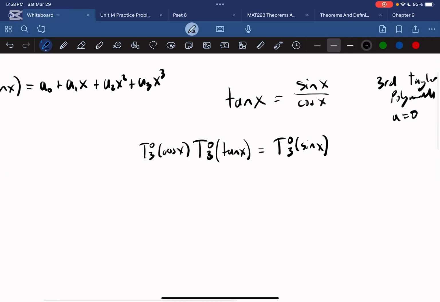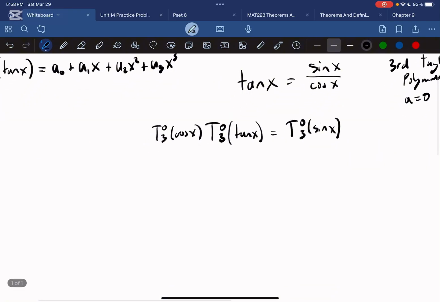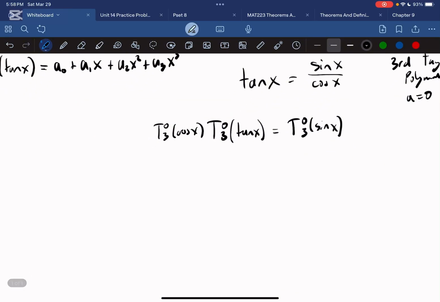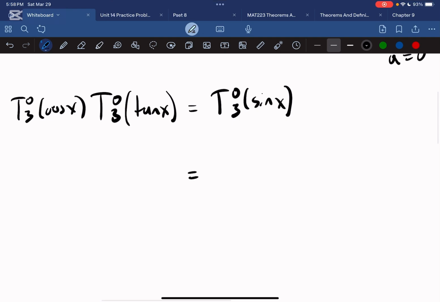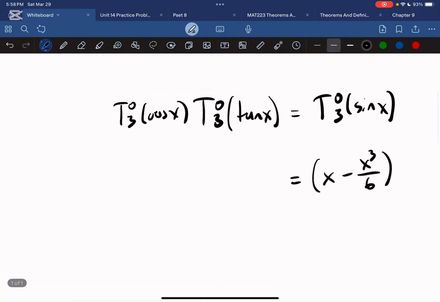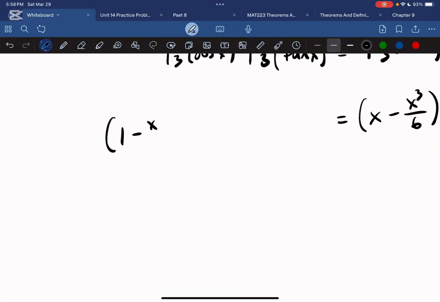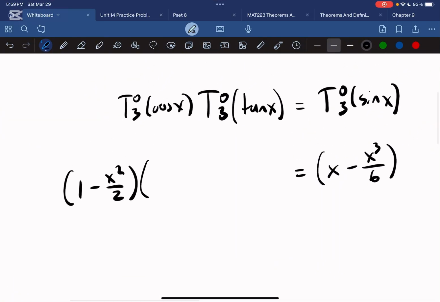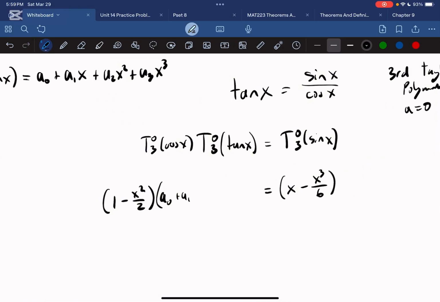And so we can literally plug that into here and solve for that system of equations. So sin x, would you agree that this is just x minus x cubed over 6? And then cos x is just 1 minus x squared over 2. And then we can plug in our a's: a0 plus a1x plus a2x squared plus a3x cubed.